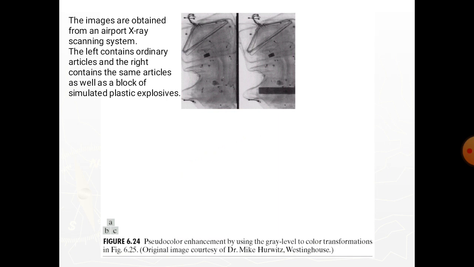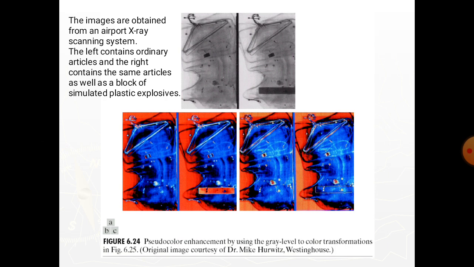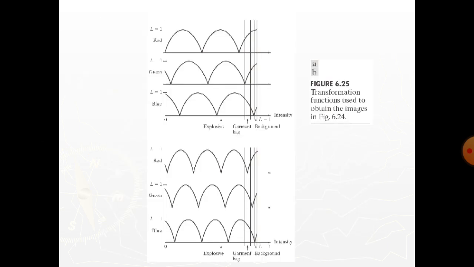The purpose of this example is to illustrate the use of intensity level to color transformations to obtain various degrees of enhancement. This figure shows the transformation function used.